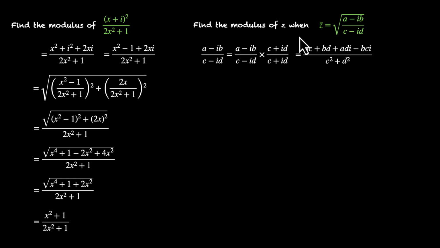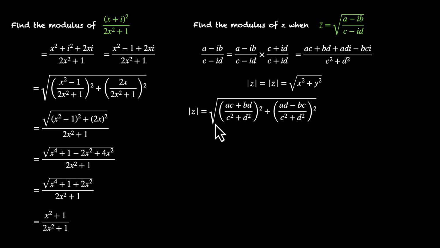Now we're asked the modulus of z, but mod of z is the same as mod of z bar. That's the square root of x² + y² if x is the real part and y is the imaginary part. So we'll just take the mod of z bar, what's given here, that's equal to the square root of the real part squared plus the imaginary part squared. This is ((ac + bd)/(c² + d²))², that's the real part squared, plus ((ad − bc)/(c² + d²))².